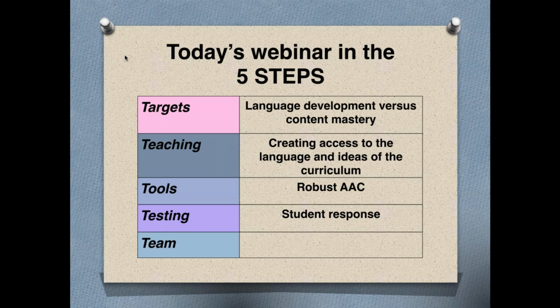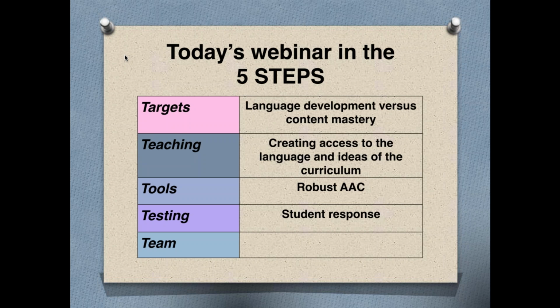So when we look at this webinar and we look at Maureen Never's 5 steps program, the instructional targets that we'll be talking about are how do we support and balance our goals for our students around language development, as well as mastery of the content, learning the information that's shared in a regular classroom.